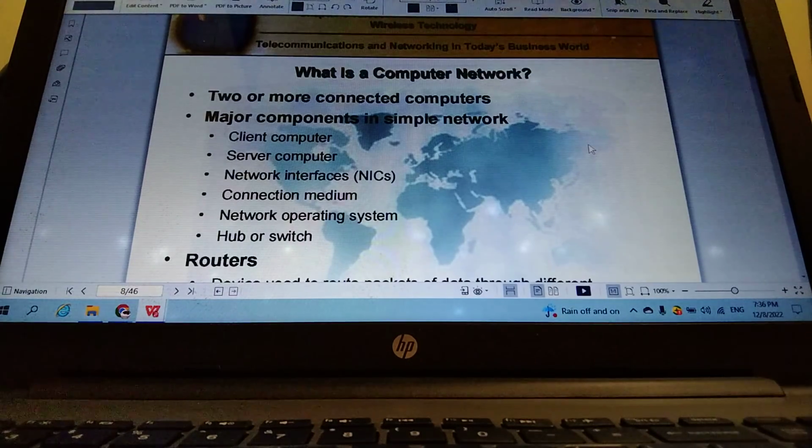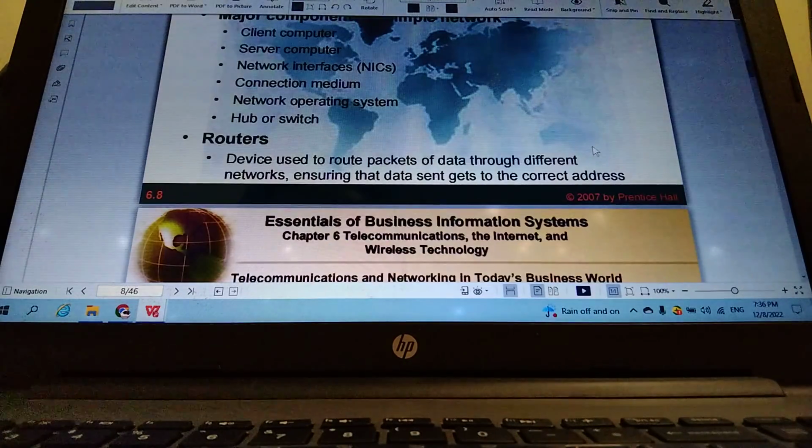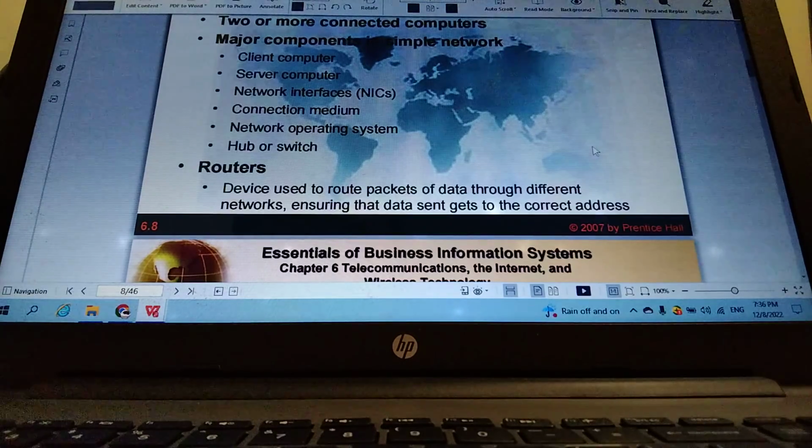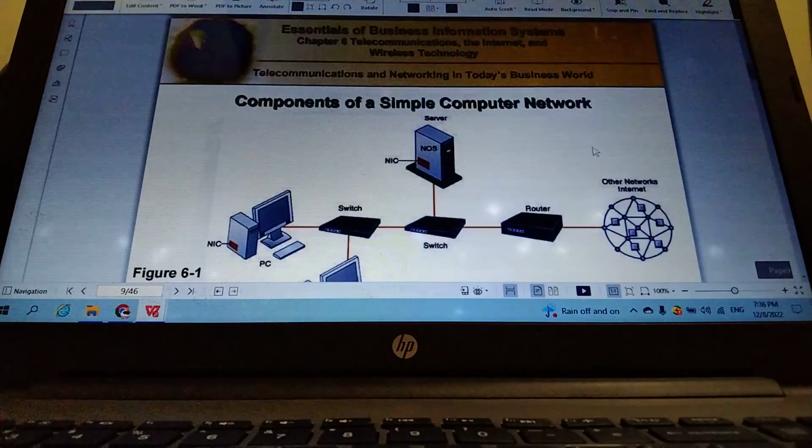And then it is supported by software which is known as the network operating system. There are various software required to be installed in order to connect to the internet, including your browsers, hub or switch, routers, and so on. So that is basically the combination of all these we call network.